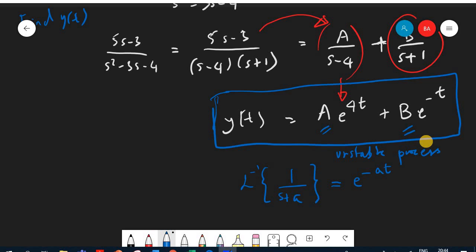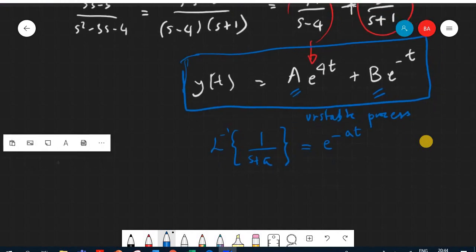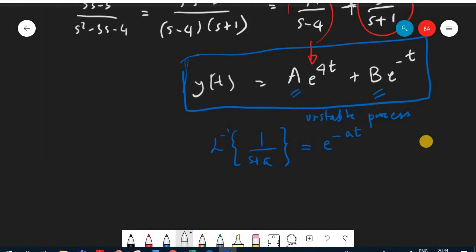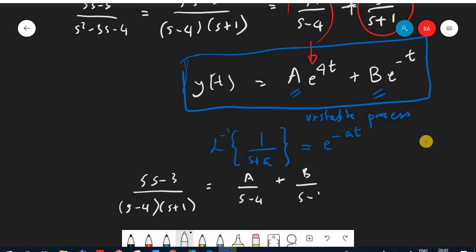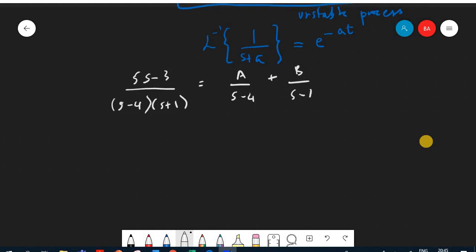Writing my function again, I have 5s minus 3 over s minus 4 into s plus 1, and this is equal to a over s minus 4 plus b over s plus 1. So we will multiply both sides by the denominator, which will cancel out the denominator here.